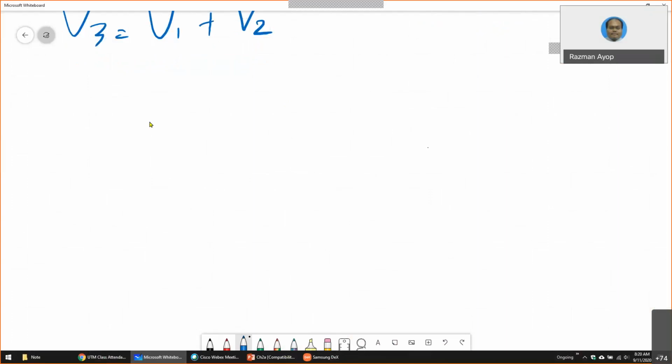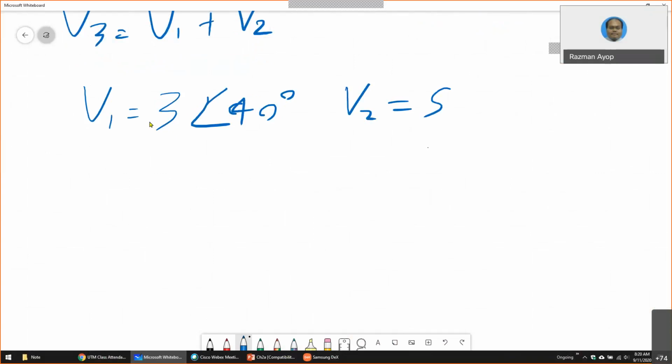For example, V1 is equal to 3 plus j3, angle of 40 degrees. Then V2 is 5 angle of 60 degrees.